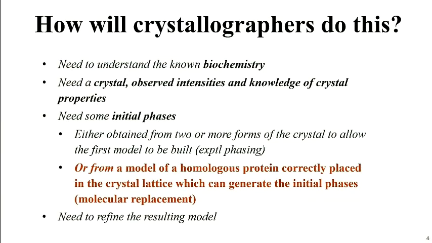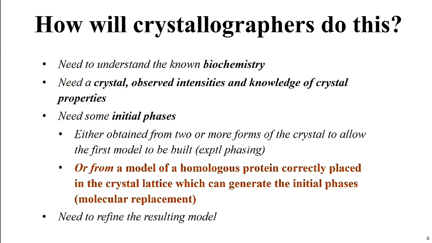Now, I broke this down into several points that I thought we needed to think about. We need to understand the biochemistry. That means you have to read the papers. If you're going to use crystallography, you're going to need a crystal and be able to measure some information about that crystal and to understand something of the properties of crystals.